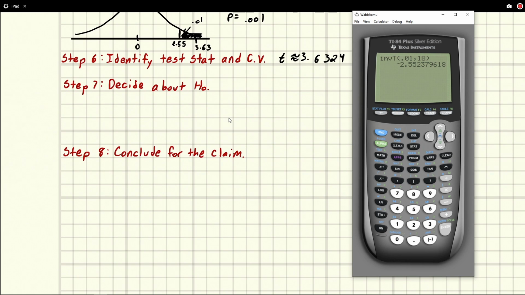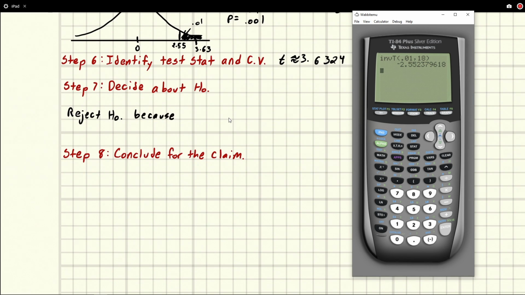Now we need to decide about H naught. Since we're in the shaded region, we don't like the null hypothesis. So we would say reject the null hypothesis, reject H naught. Easy as that. And you could also say that it's because you're in the shaded region, or that the alpha value is greater than the p-value, because the alpha value is 0.01 and our p-value is 0.001.